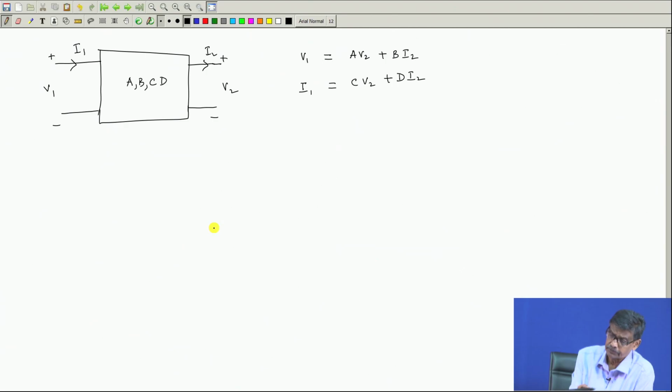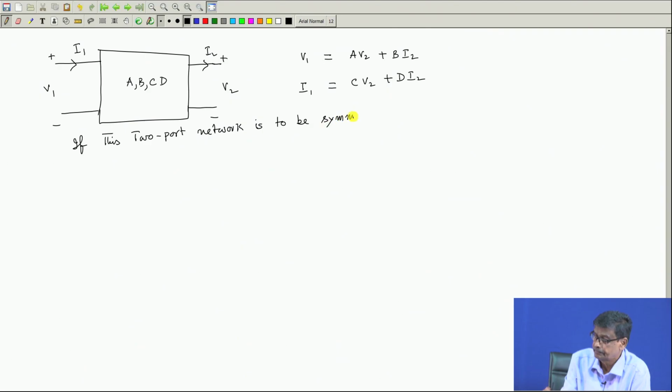But what if this network is to be symmetric, if this two port network is to be symmetric, I will demand that V1 by I1 with I2 equal to 0, that is, this is open circuited, V1 by I1, the driving point impedance of this network, should be equal to V2 by I1 equal to 0.